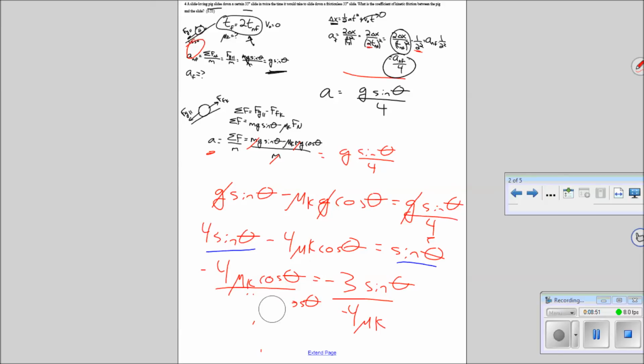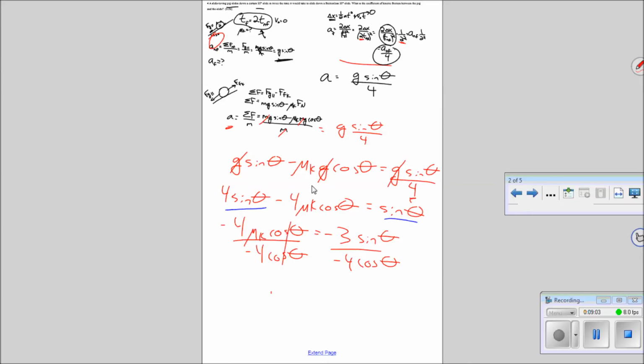Rewind. I'm trying to solve for mu k. So let's divide by negative 4 cosine theta. So the cosine theta cancels, the negative 4 cancels, so you get mu k equals 3/4, and then sine theta over cosine theta is just tan theta. So for us, that's 3/4 times the tangent of 35 degrees. Okay, and that should give you your answer.